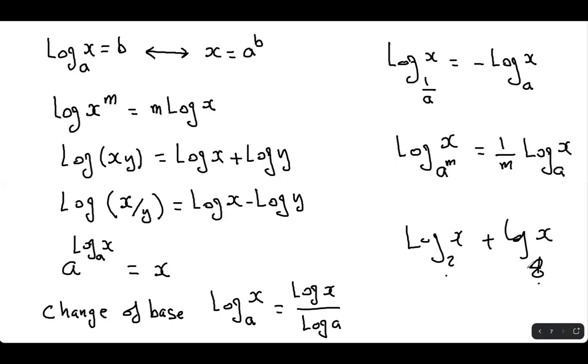You cannot combine them unless you change this to the same base as this. And therefore, the log base 8 becomes log base 2 to the 3, because that's what 8 is. And then you could take the 3 and make it 1/3 right in front of here. And now both of them have the same base, and you're able to combine them. After you, of course, raise the 1/3 right there and all of that. Does that make sense?